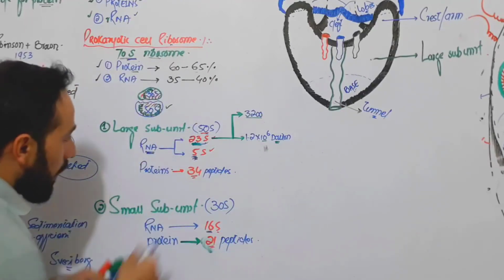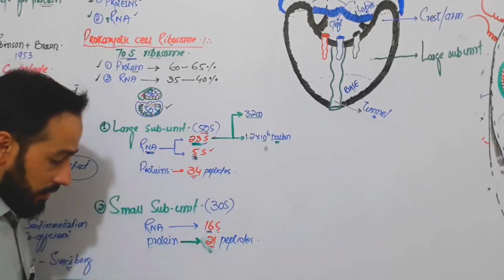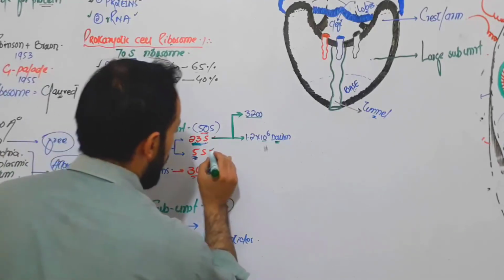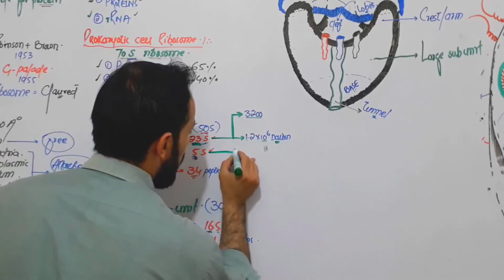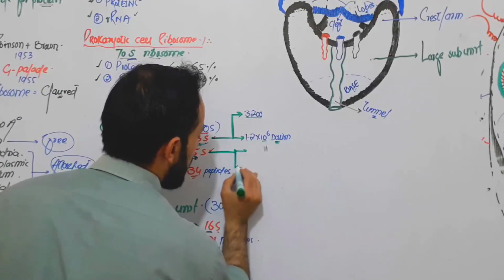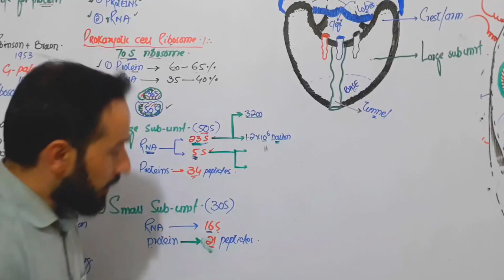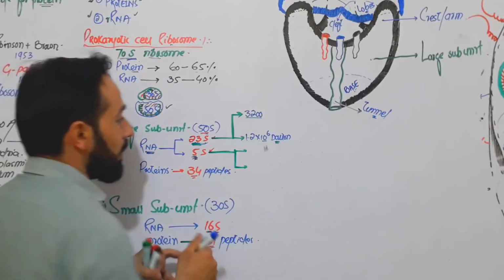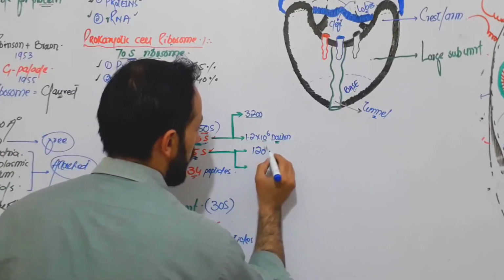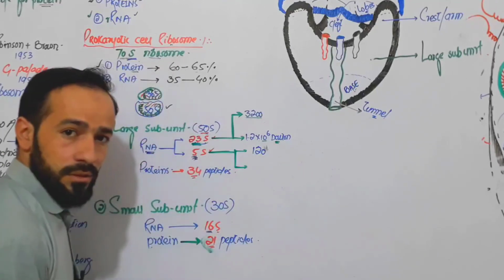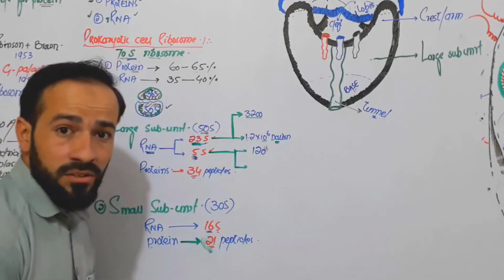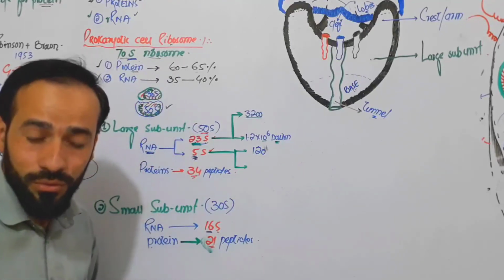Done. And what about 5S RNA? The 5S RNA contains 120 nucleotides, right? And what will be the mass of those nucleotides?